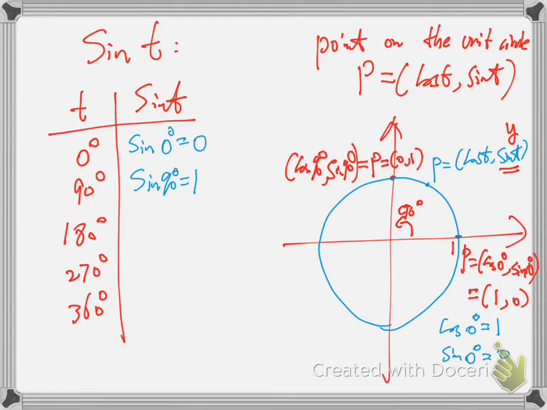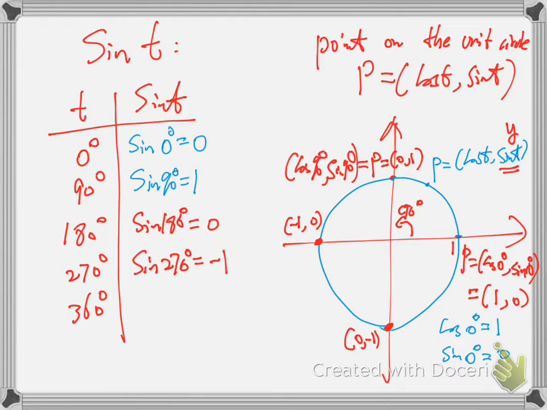You can see the sine value is just the y part of the point. Now 180 is this point, negative 1, comma 0. What is sine of 180? It is the y part of that point, so this is 0. 270 is down here, so this point is 0, negative 1, and sine of 270 is the y coordinate, negative 1.